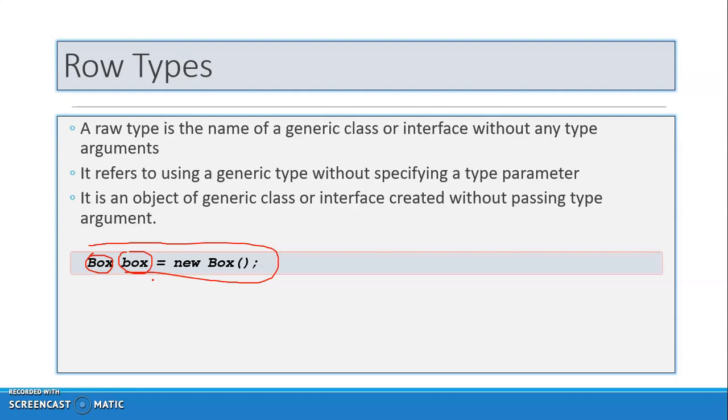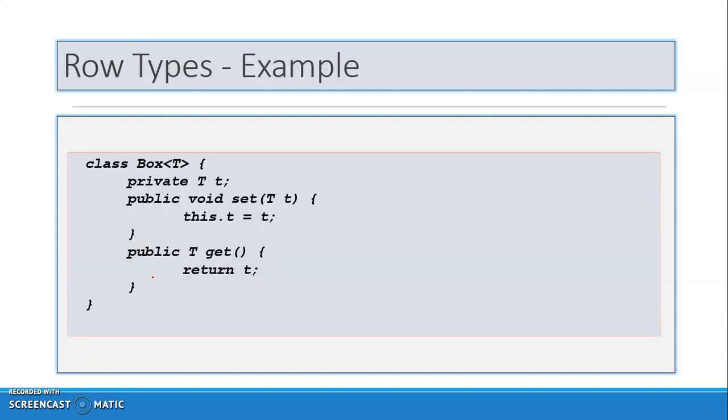You lose the type safety of your code. You may still have some problems appearing during runtime, things which would have been caught during the compilation phase. So that's the problem of using raw types. But there will be times when this will be necessary, so you can still create an object from a generic class without specifying the type parameter or the type argument.